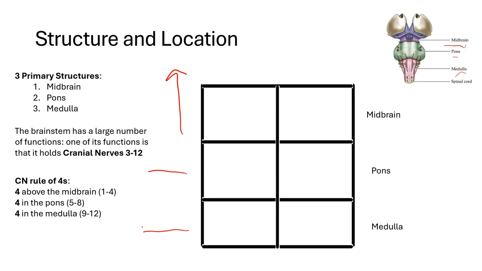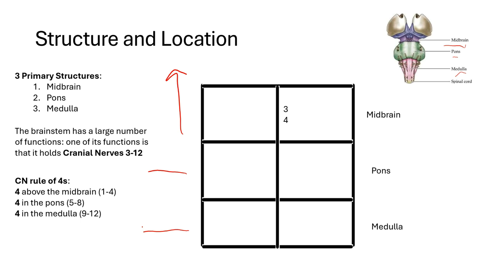So let's look at the midbrain. We know that we have 4 cranial nerves, 1 through 4, that sit either in the midbrain or above. We've already established that both cranial nerve 1 and cranial nerve 2 are located outside of the brainstem. Thus, only cranial nerve 3 and cranial nerve 4 are located in the midbrain. Both the number 3 and the number 4 can be cleanly divided into 12. Thus, they are medial in location.